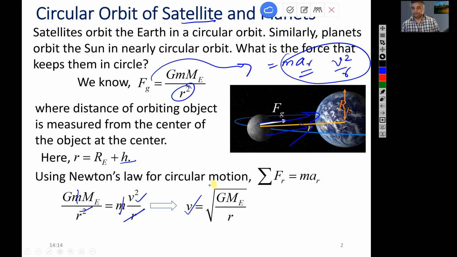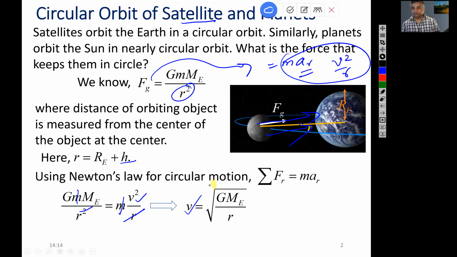So we can do the calculation, put the satellite in a rocket and put it in orbit. Once it's in orbit, give it that speed, give a boost one time, and it's just going to keep going round and round the Earth with the same speed. Okay, so that's what it means.